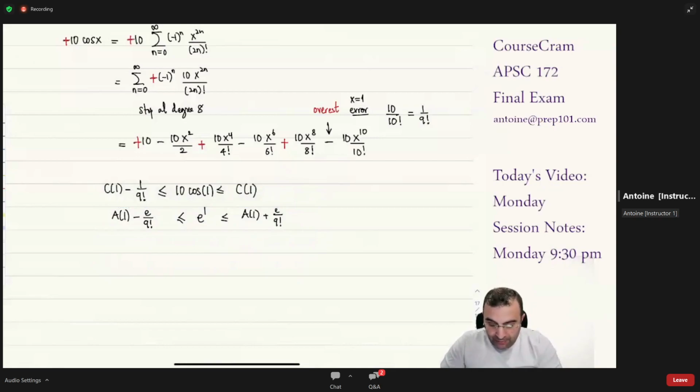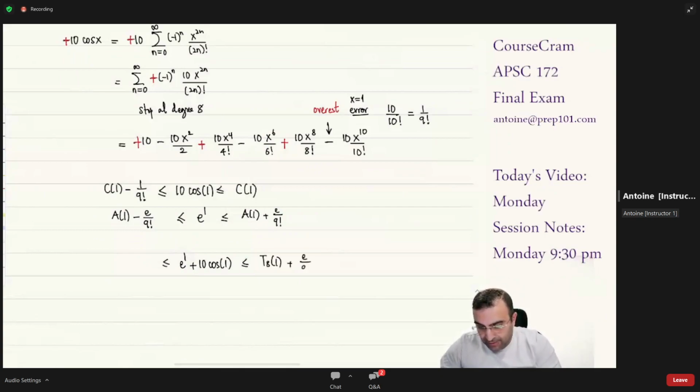And now you have that e to the 1 plus 10 cosine of 1 is between C1 plus A1 is T8 of 1 plus E over 9 factorial. And this one is T8 of 1 minus 1 over 9 factorial minus E over 9 factorial. So A would be just 1 plus E over 9 factorial, and B would be E over 9 factorial.